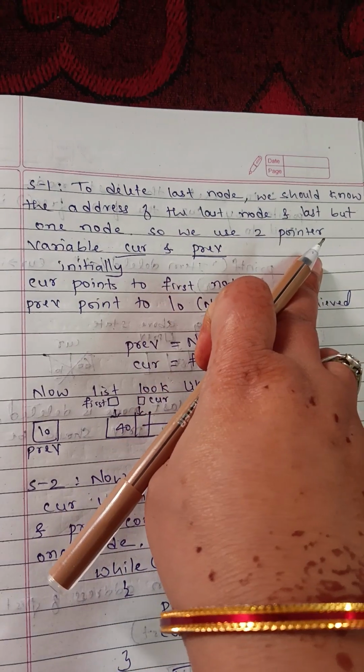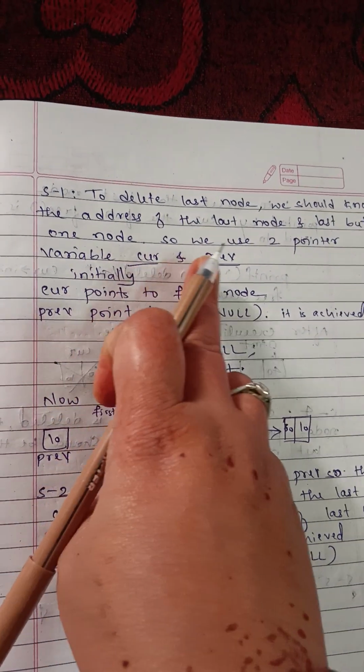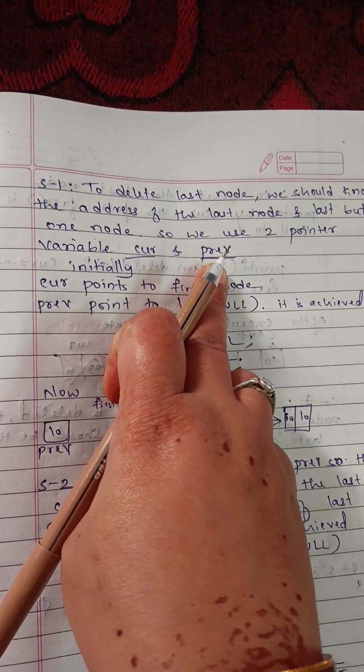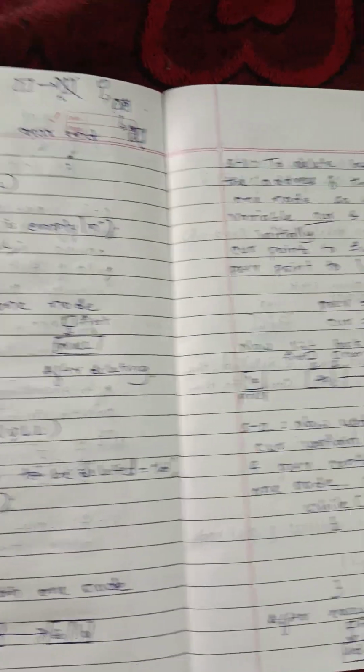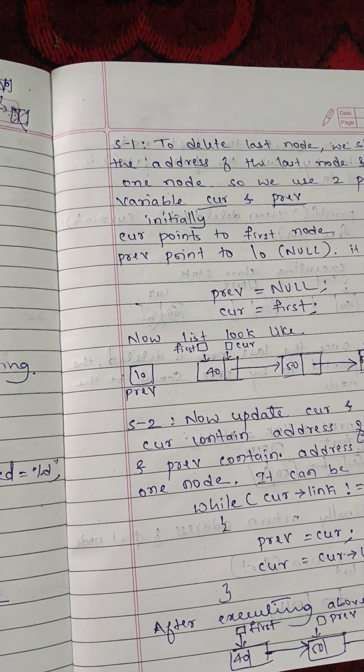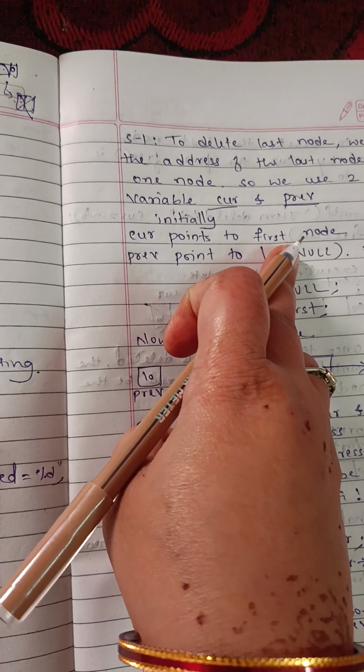So we use two pointer variables, current and previous. Initially current points to the first node, and previous points to null.